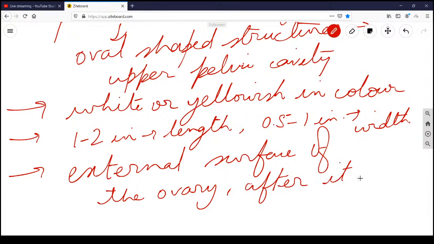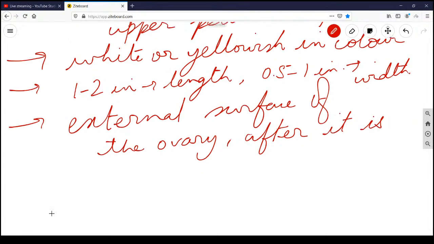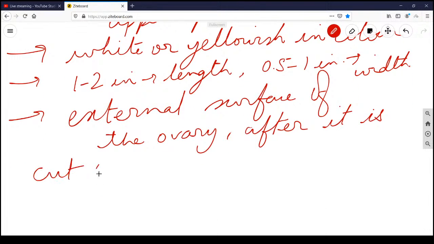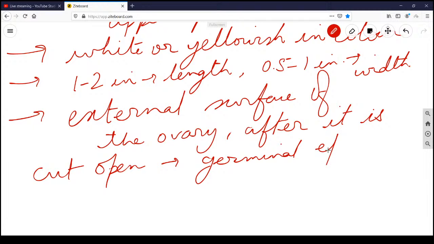The external surface of the ovary after it is cut open is known as germinal epithelium. Okay, because it was thought that female germ cells were derived from this tissue only.